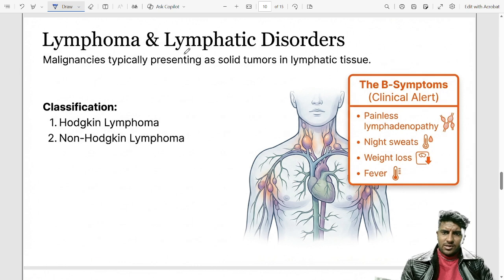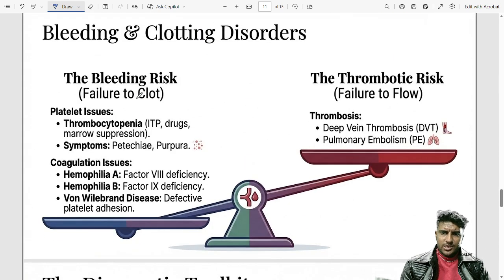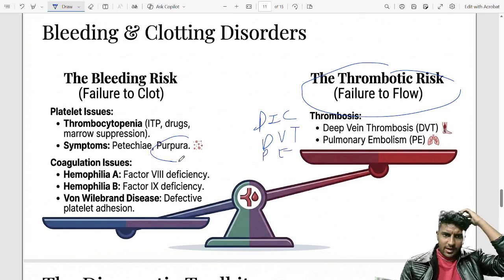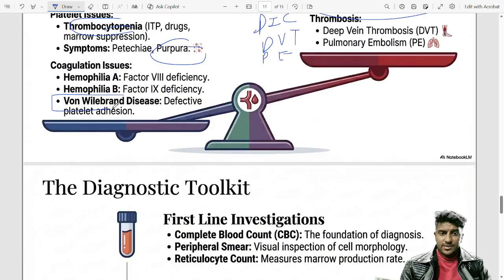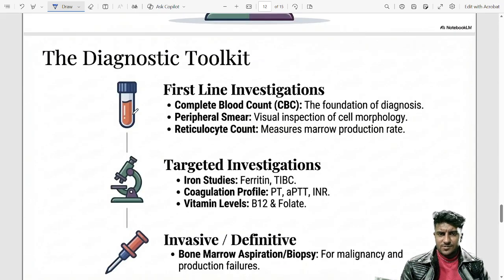Then you have Hodgkin's and non-Hodgkin's lymphoma, in which lymphadenopathy, lymphadenitis is commonly seen, swelling of the lymph nodes, night sweats, and also you have Reed-Sternberg cells, which are common markers for the carcinogenesis. So the thrombotic risk involves disseminated intravascular coagulation, deep venous thrombosis, and pulmonary embolism, while the bleeding risk may involve purpura and thrombocytopenia-like conditions, and also von Willebrand disease, in which the von Willebrand factor is being disrupted.